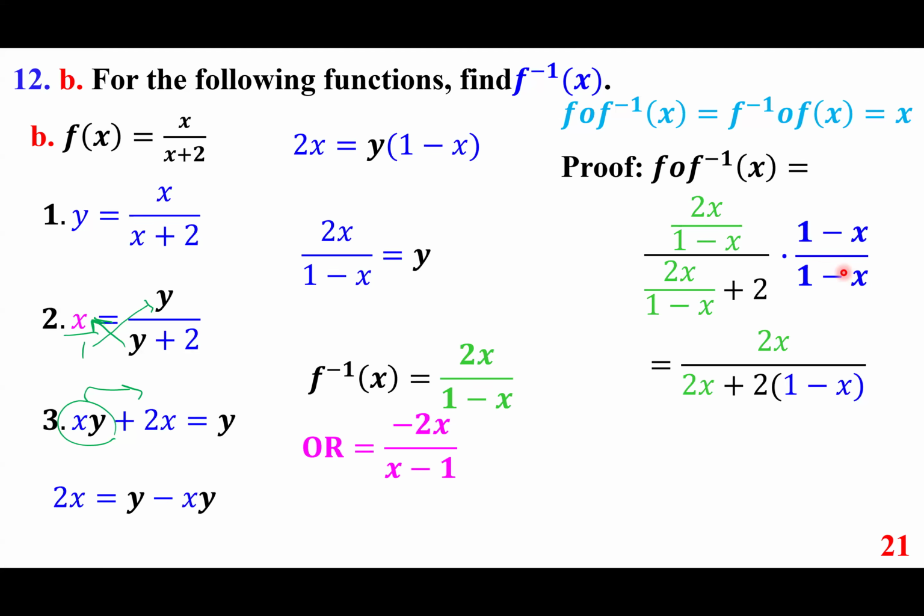You distribute this one, you get positive 2 minus 2x. These two cancel each other. 2x over 2 equals x. So we proved this is f inverse of x.